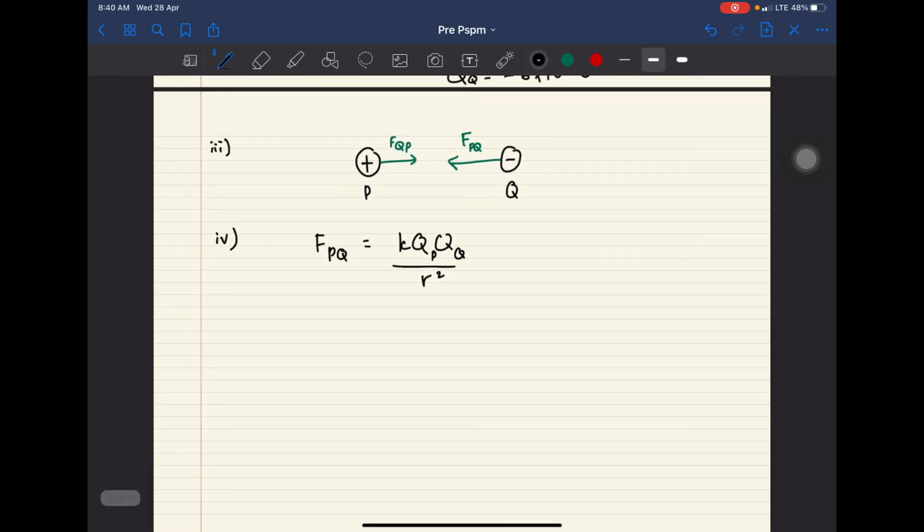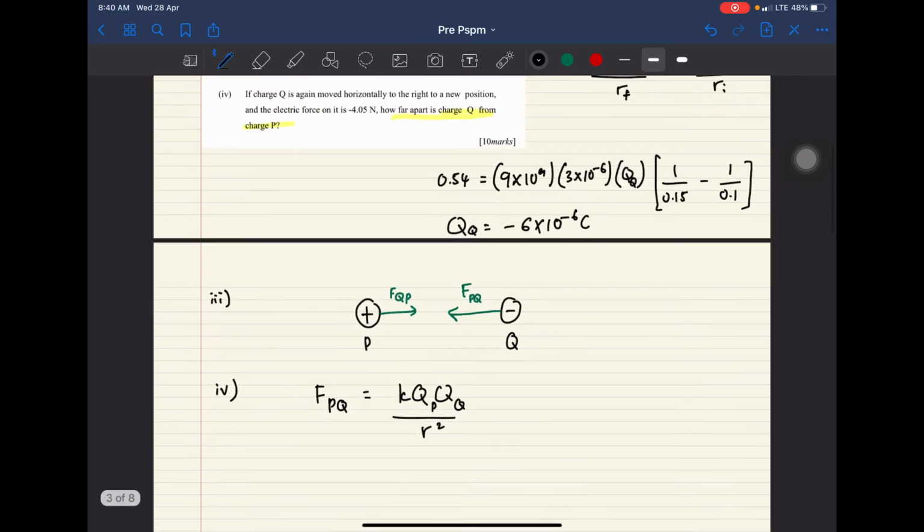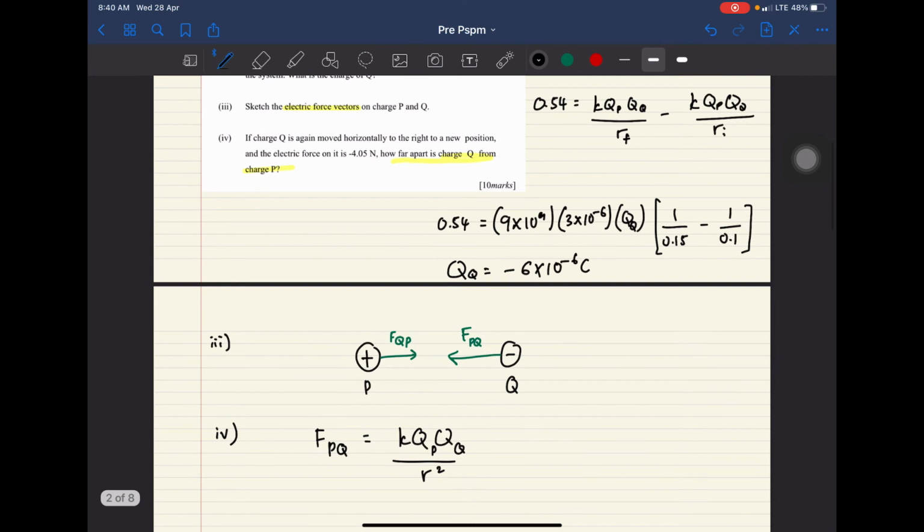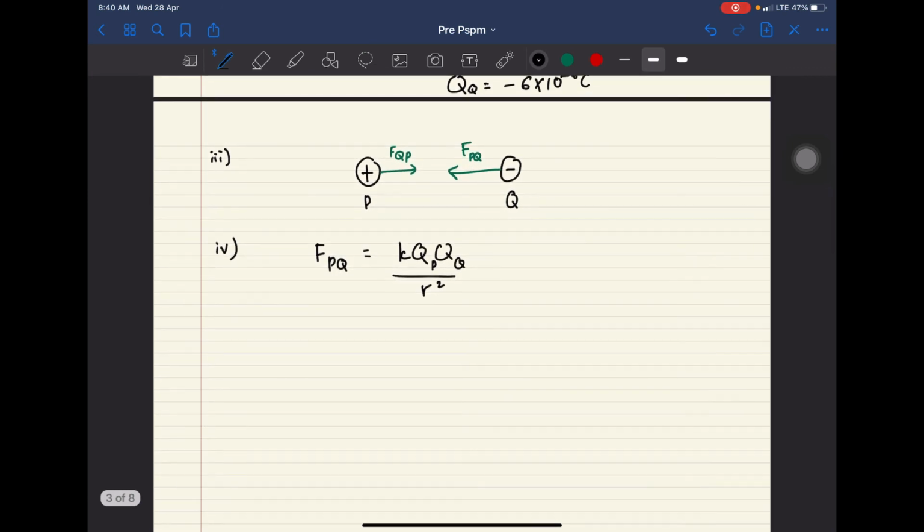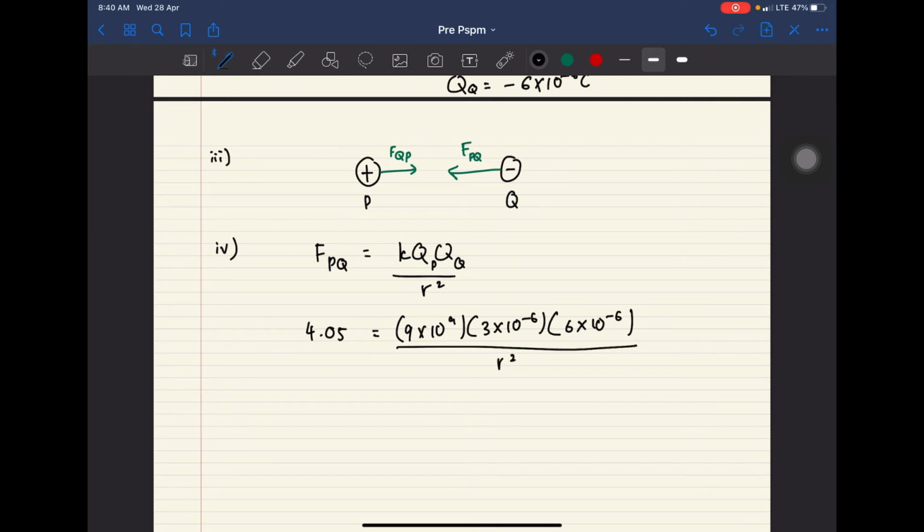Anyway, for calculation you don't have to put negative for a vector, so you just have to solve. It's 4.05. Basically we want to find the R. Here it is 0.2 meter.